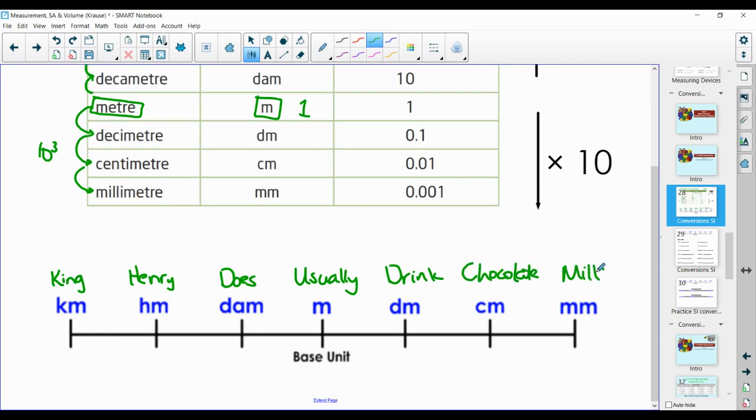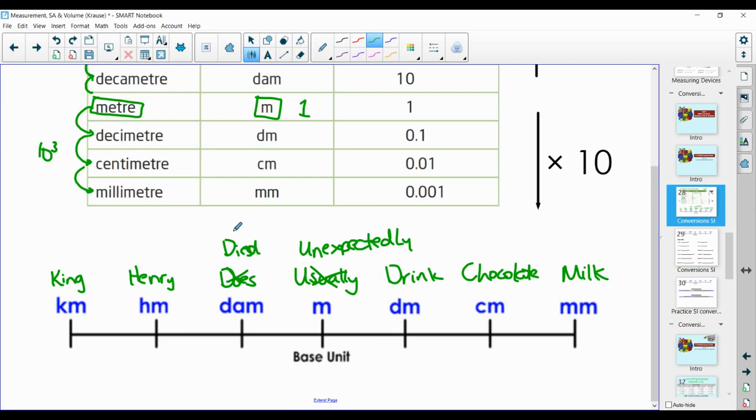Now, King Henry's quite famous when it comes to measurement, and I won't get into that today, but there is a video out there about King Henry drinking a lot of chocolate milk, and in the story, King Henry actually dies unexpectedly drinking chocolate milk. So whether you use King Henry does usually drink chocolate milk or King Henry died unexpectedly drinking chocolate milk, it's just a way to remember the metric system.